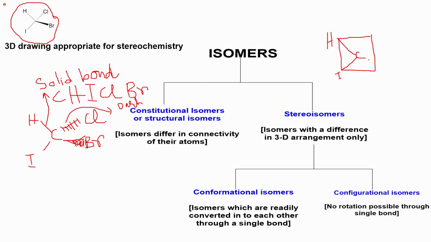Let's say this is the molecular plane. Carbon is here, iodine is here, and hydrogen is here. Hydrogen and iodine are in the plane. Now chlorine will be below, so let's say this is chlorine. Bromine is above the plane, so a bond goes above, and bromine is connected to the carbon atom.